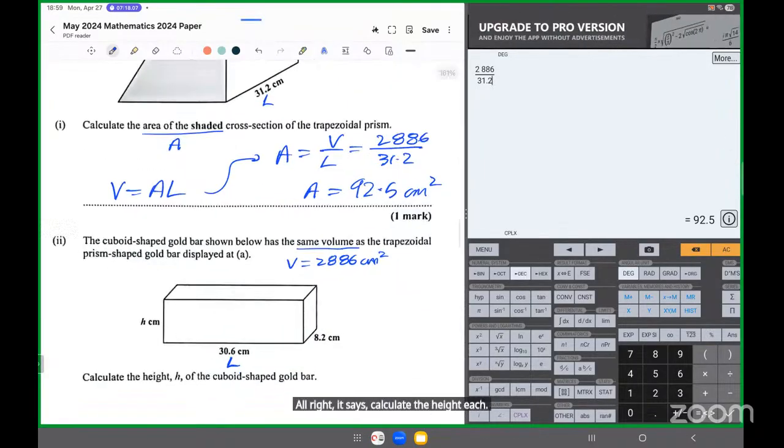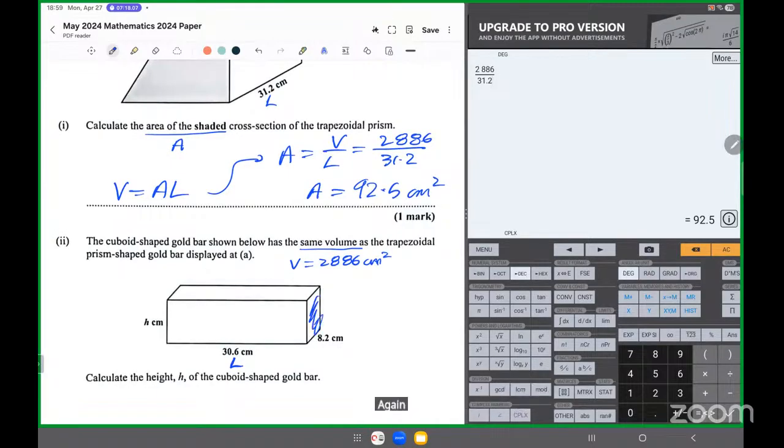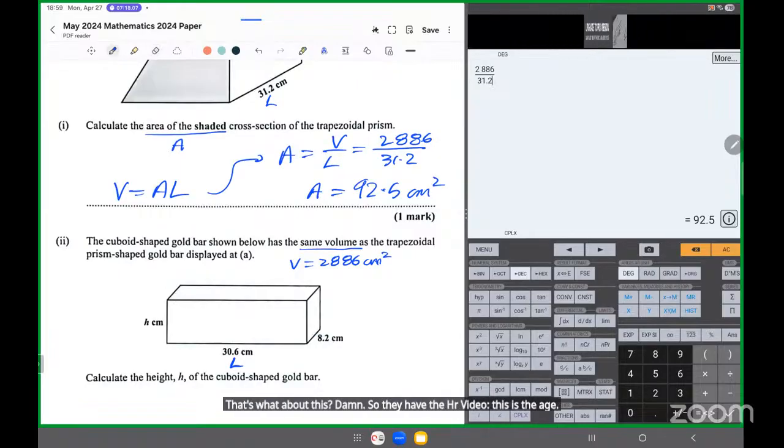So we're going to find the cross-sectional area again, which becomes this width times the H. They have the H up here, the same H over here.